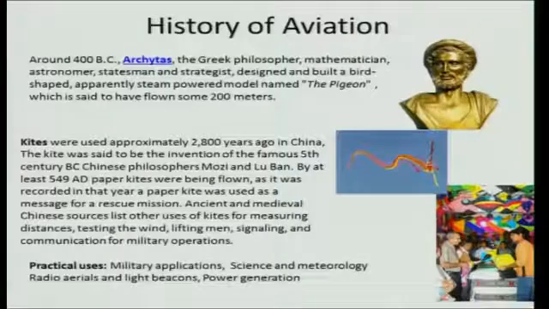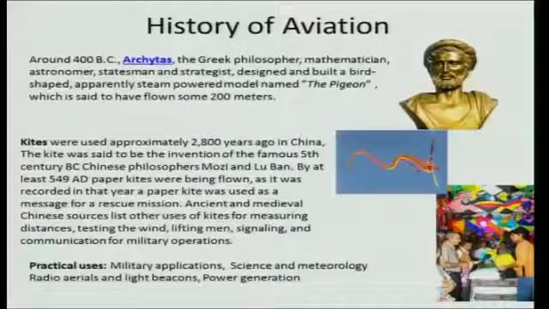In ancient and medieval Chinese sources, they list the use of kites for various applications like measuring distances, testing the wind speed, lifting men in certain cases, providing signals for armies, and communications for military applications. So, as you can see, kites were used for various applications over the years. The practical uses essentially were military applications, science and meteorology.